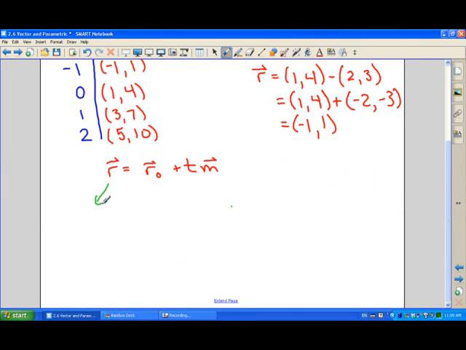So my vector r becomes any point on the line, and it's equal to some position vector, which we can find when t equals 0.